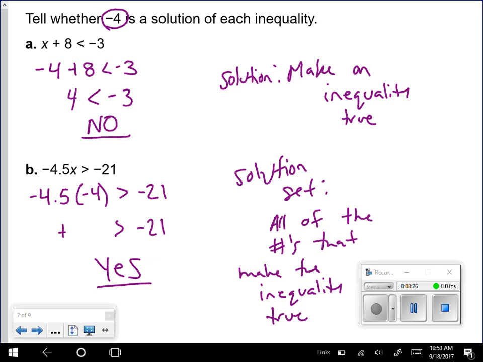We're going to talk about how to find the solution set tomorrow when we start solving inequalities. Today we're just graphing them and understanding what they are.